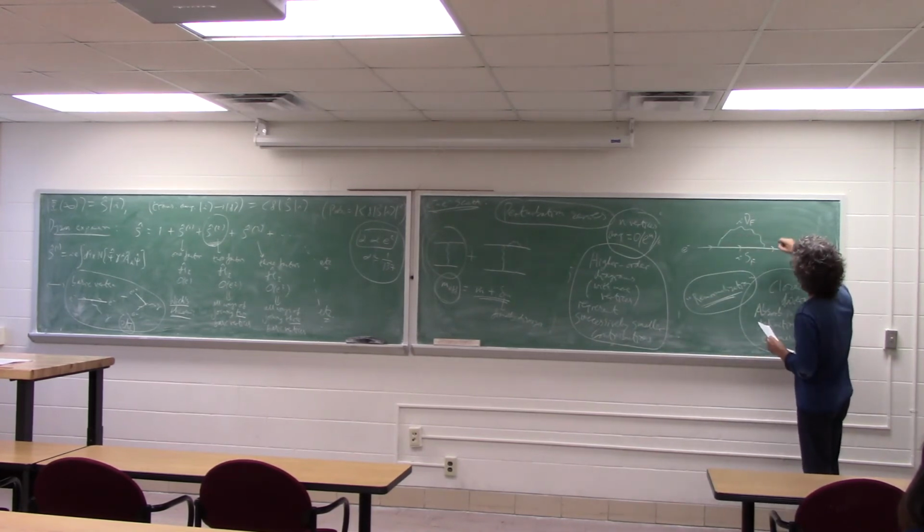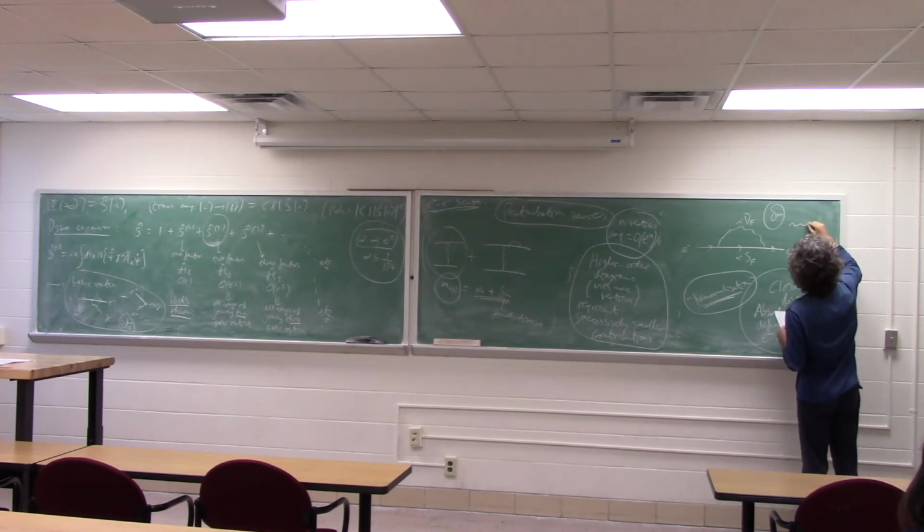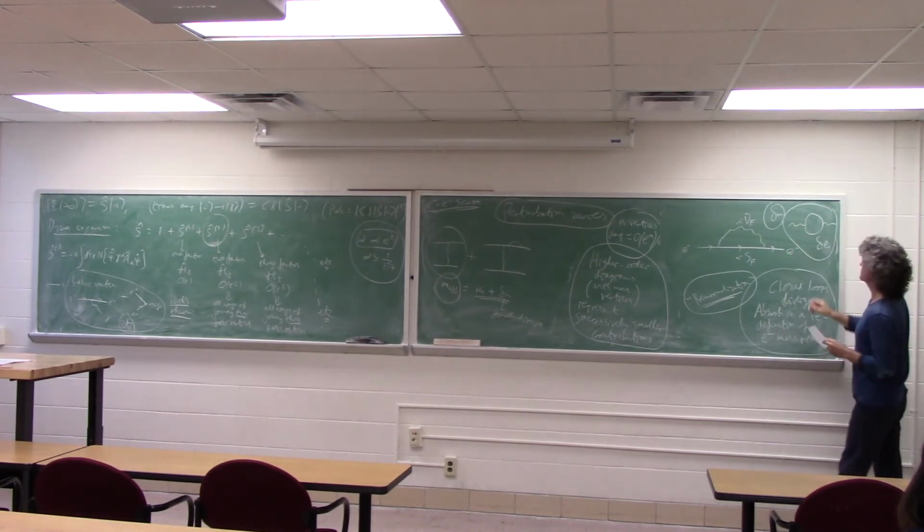So this creates a mass renormalization, and the other closed loop that I showed you for the photon actually creates a charge renormalization.